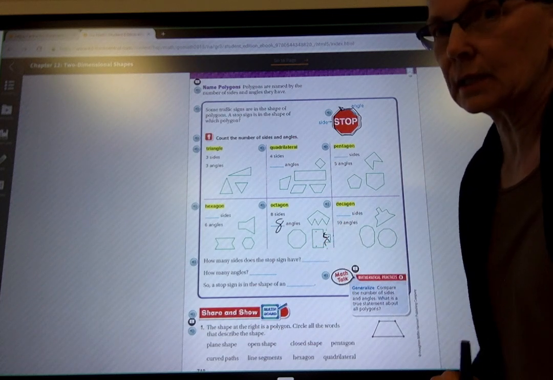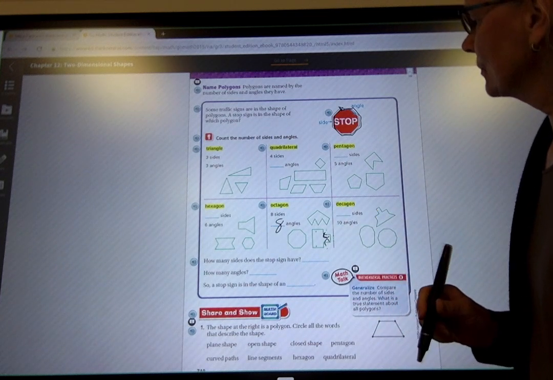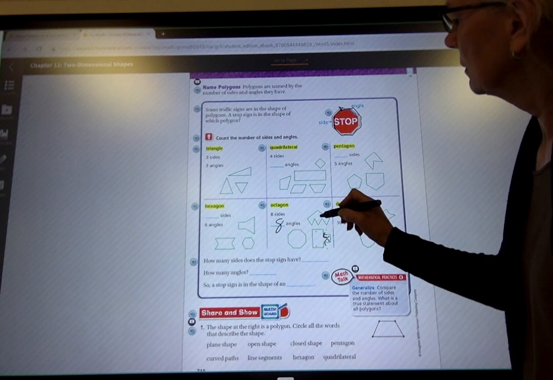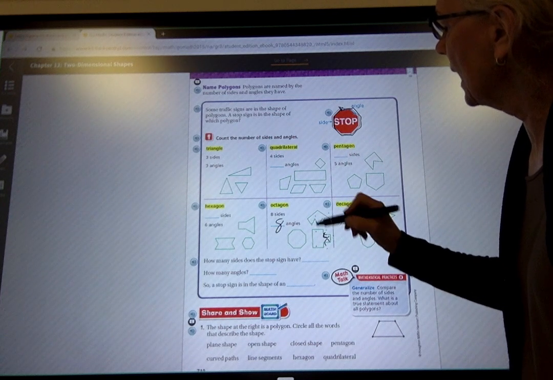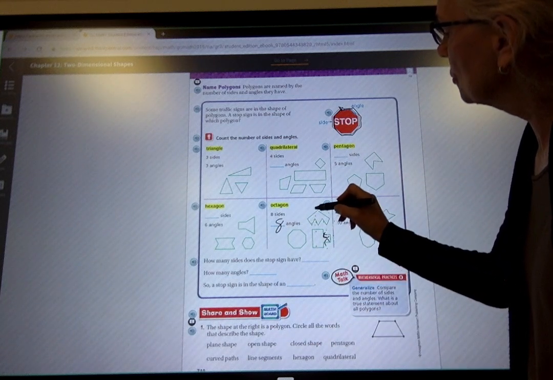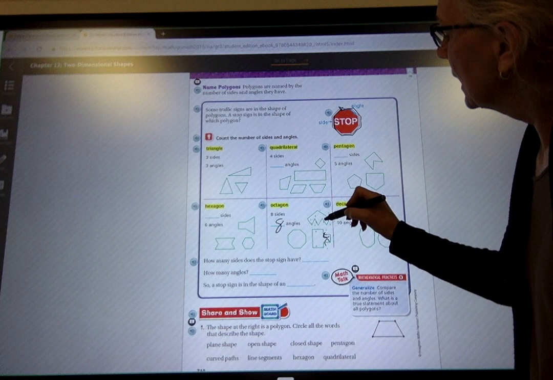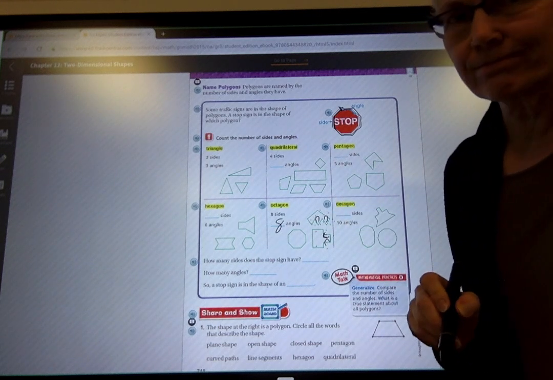Those are greater than 90 degrees. It does have 8 angles. Look at this one. 1, 2, 3, 4, 5, 6, 7, 8 sides. How many angles? 1, 2, 3, 4, 5, 6, 7, 8.